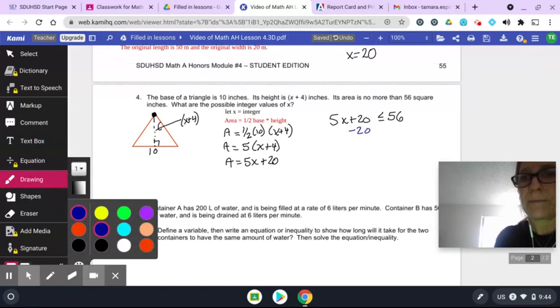Subtract 20. 5x is less than or equal to 36. Divide by 5. X is less than or equal to 7 and 1/5.